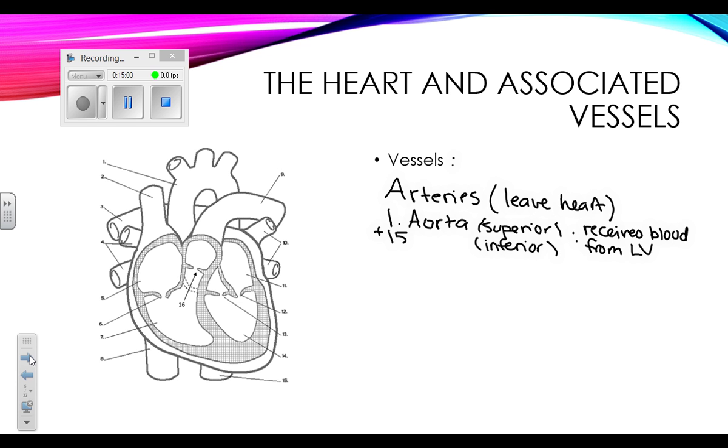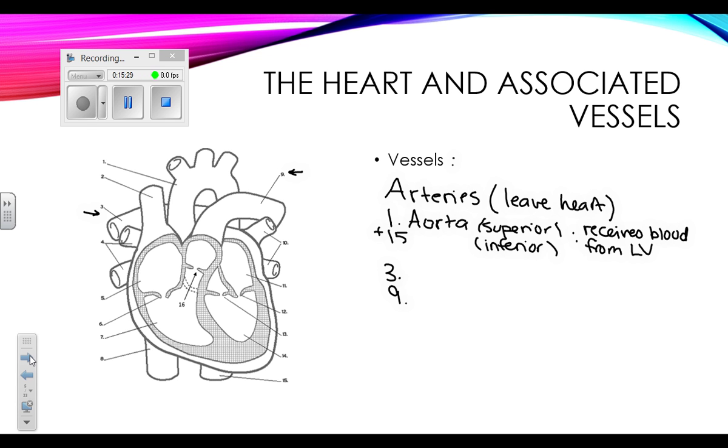Now that's not the only artery. There is another artery. Number 3 and number 9 are both branches of the same artery. Number 3 you'll see over here, number 9 you see up here. You can see where number 9 is coming from, and number 3 is just sort of a branch that comes off the back of that.